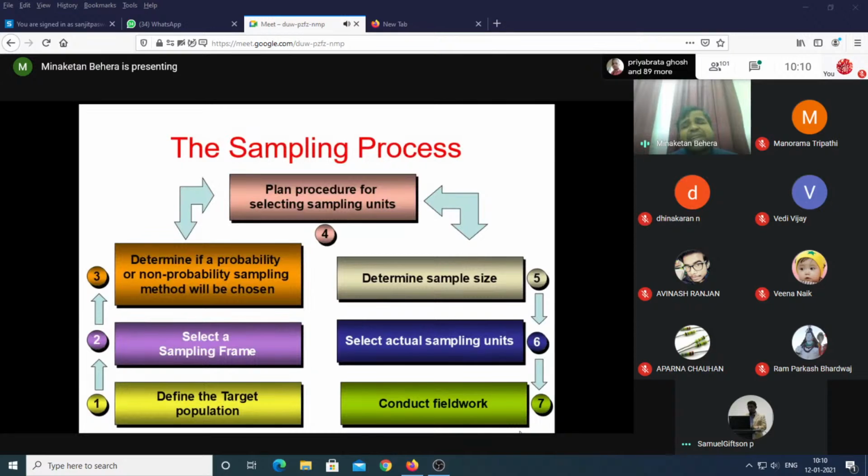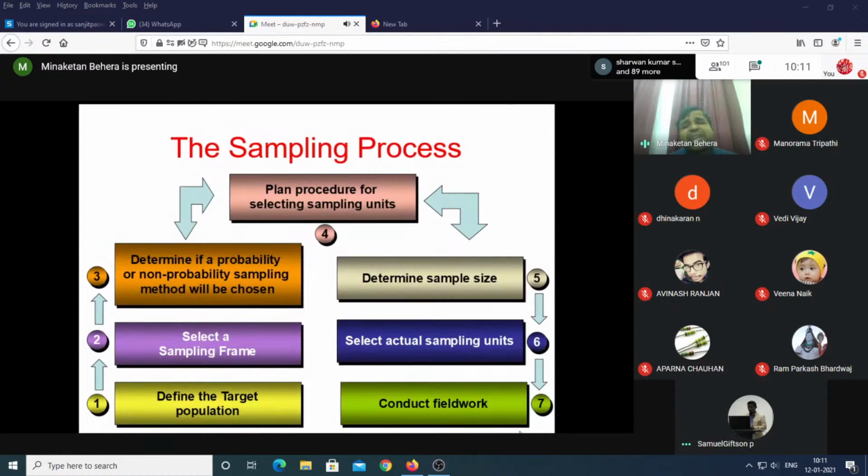Those who are teachers here, those who are students here, please note that if your sample selection is wrong, then the information you collect will also be wrong, and your whole analysis will be wrong. So you have to be very clear on the selection of sampling.